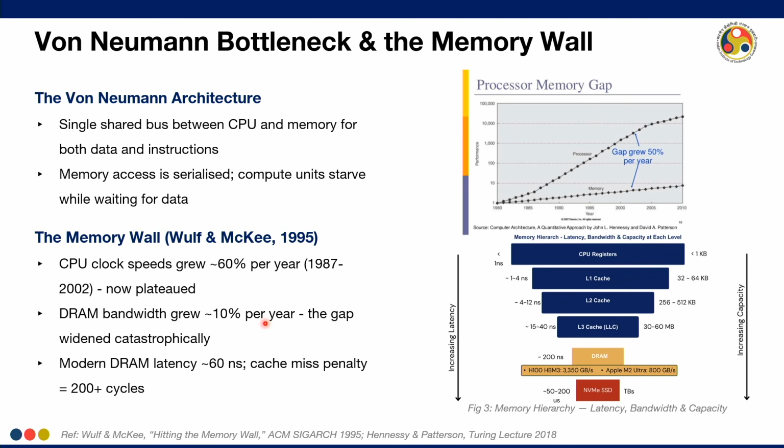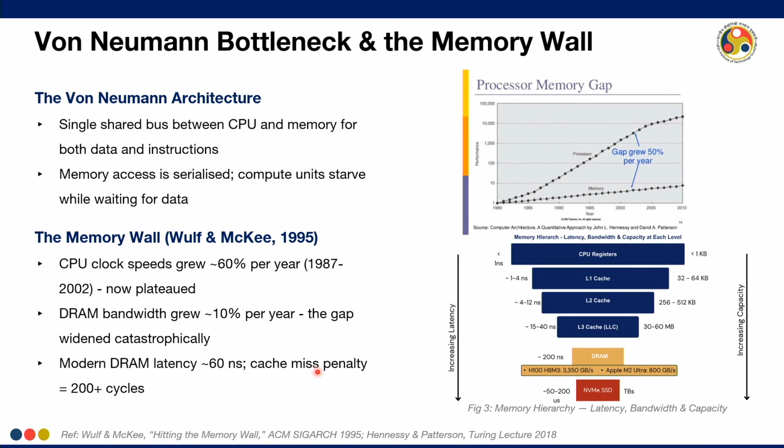So DRAM bandwidth is not growing at the same speed as your compute speed. That means there is a gap brewing, and in 2005 we saw the maximum gap between memory bandwidth and compute. Compute is getting faster, but data is not coming fast, so you just wait for the data to arrive to get computed, right. Modern DRAM latency is around 60 nanoseconds, plus if you consider the cache miss penalty, which is 200 plus cycles.